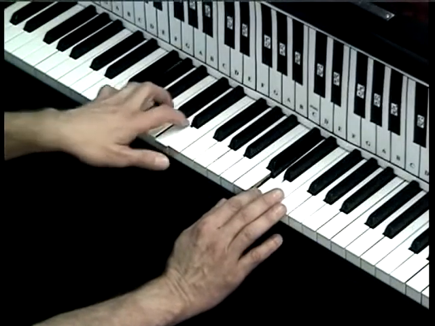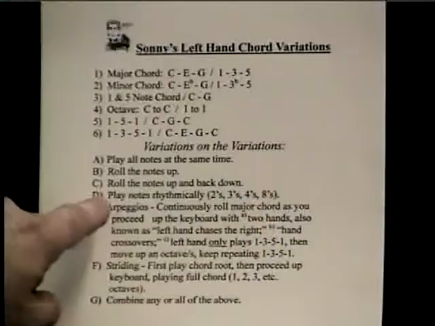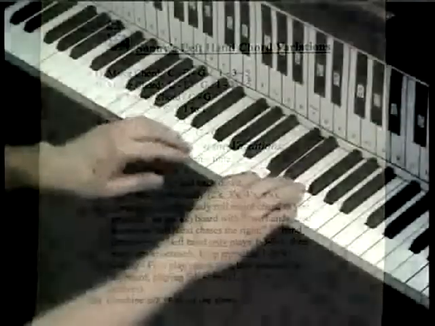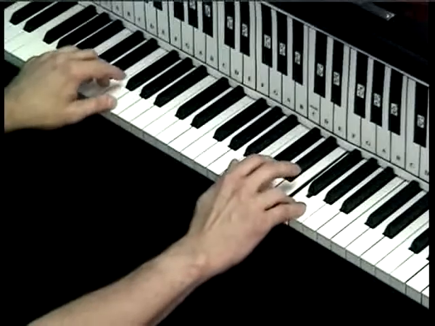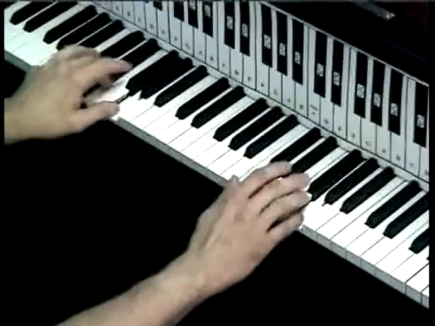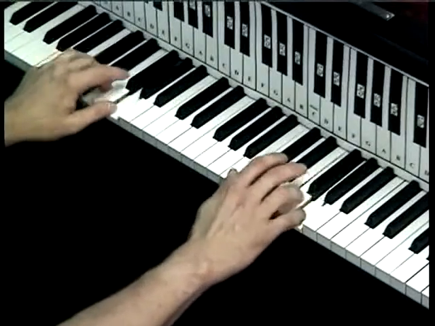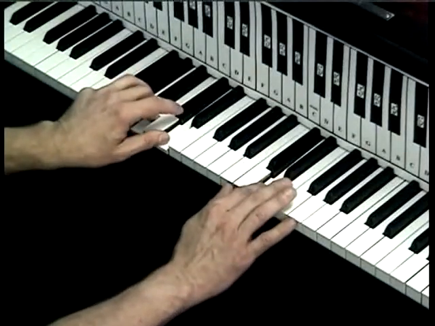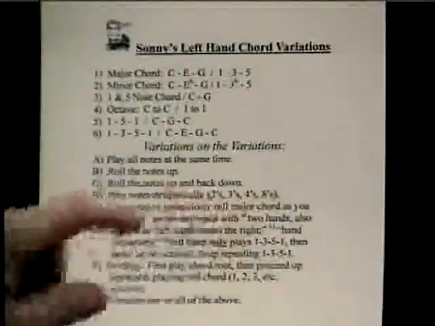Okay. Now, we could also play the chords rhythmically. So we could do something like this. We could play each chord twice. Or we can play each note 3 times.